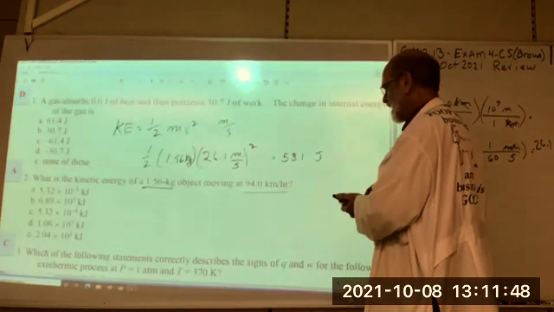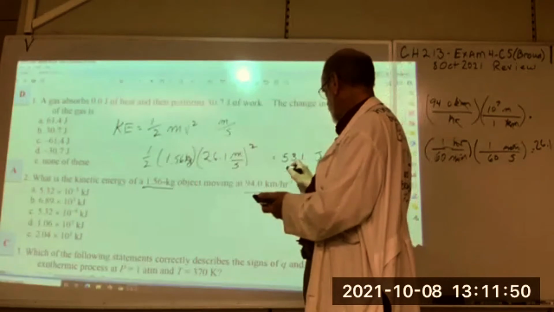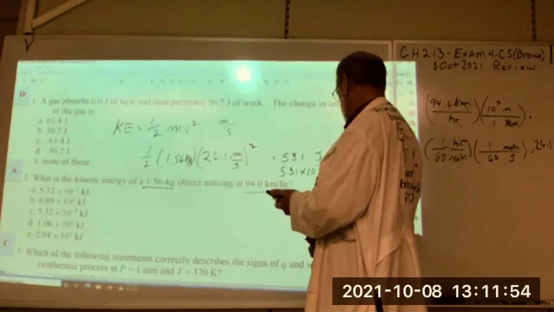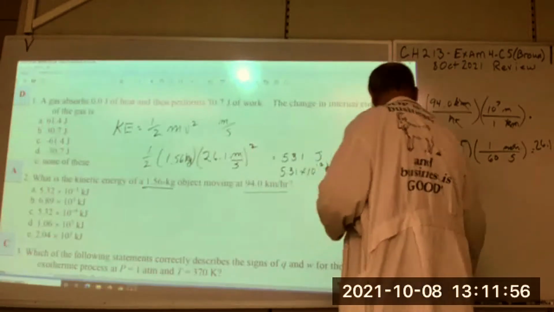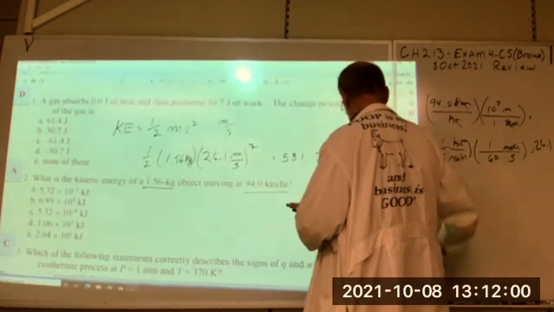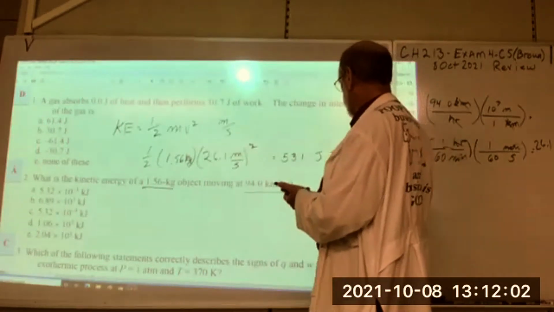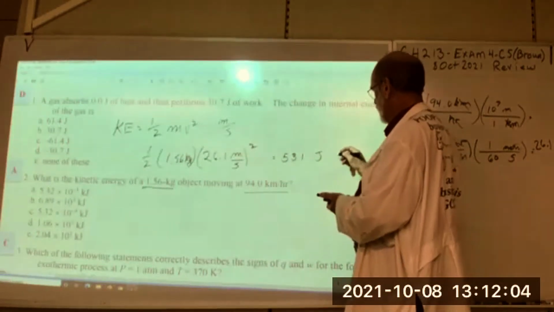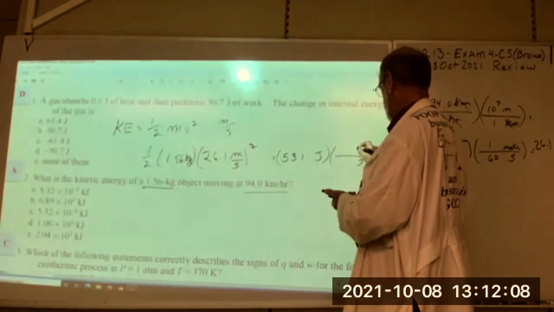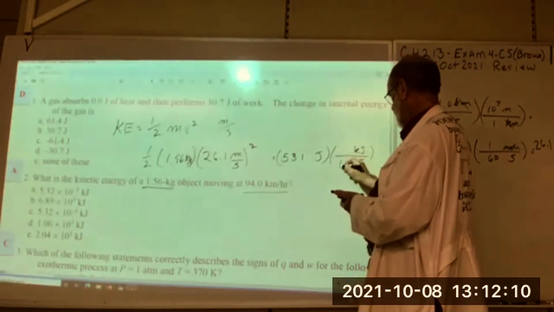Joules. So how many kilojoules is that? 5.31 times 10 to the minus 2. Oops, nope. How many kilojoules in a joule? How many joules in a kilojoule? A thousand.